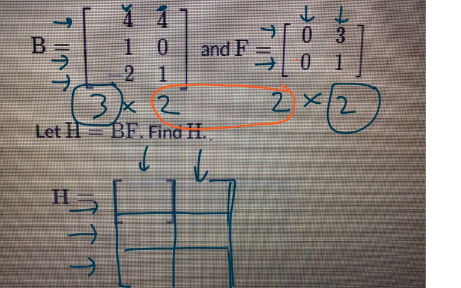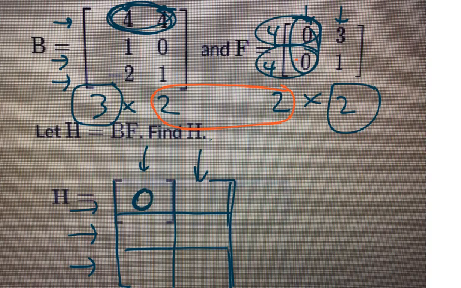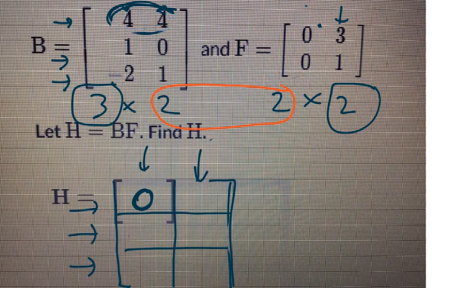All right, let's get going here. I'm going to take the first row times the first column. So again, guys, if you want, you could just line them up. Put the 4 and the 4 from the first row next to the first column over here. Now notice 4 times 0 is simply 0. All right.